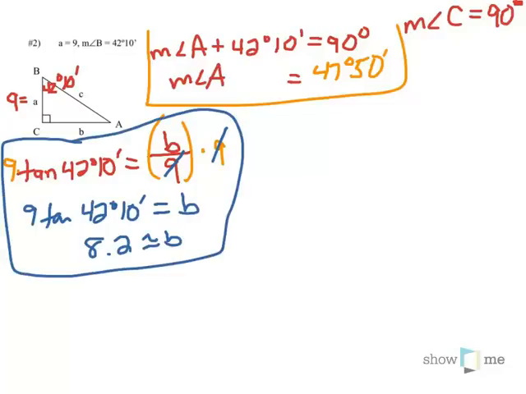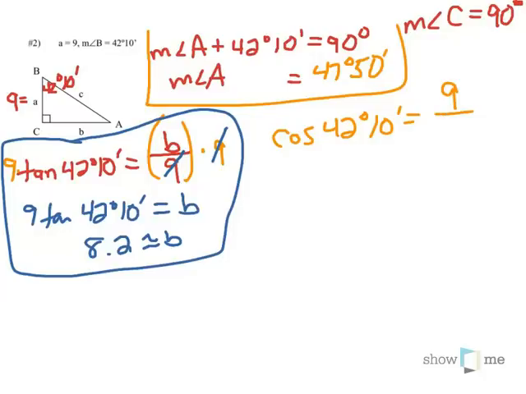So to find C, going back to this original angle, we have this acute angle, we have the adjacent leg, we have the hypotenuse. That's cosine. Cosine 42 degrees 10 minutes equals the adjacent leg over the hypotenuse.